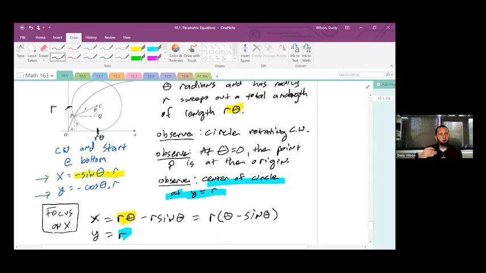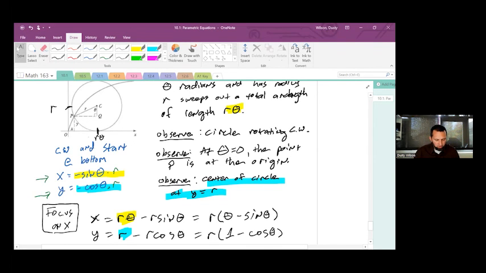But we want to be able to go up or down based on the y value that we found earlier, which would be minus r cosine theta. So then we would subtract out r cosine theta, or we could factor it out and we would have r times 1 minus cosine theta.